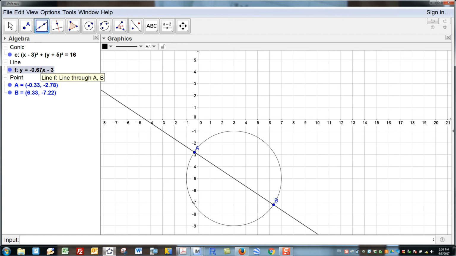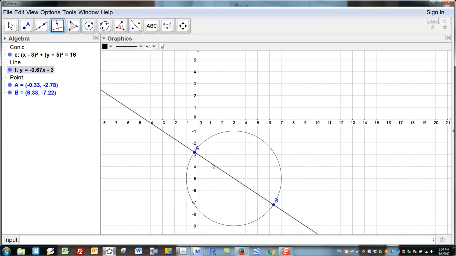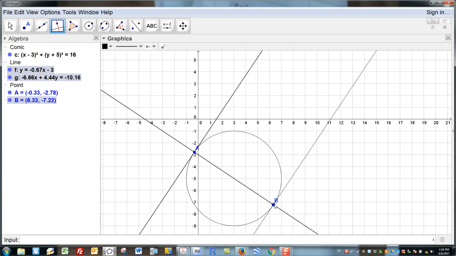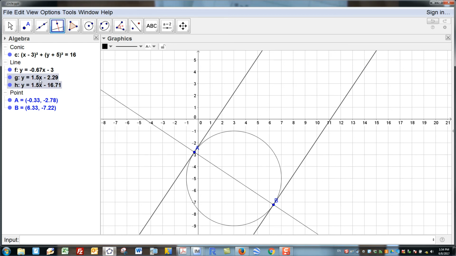At least that's what it appears to have. And of course we could do some perpendicular lines here, one that's perpendicular to that one, and one that's perpendicular to that one. Both of those, if we right click on them and put them in slope intercept form, I think we'll see that they indeed have a slope of 3/2. So we do appear to have found the correct solutions.